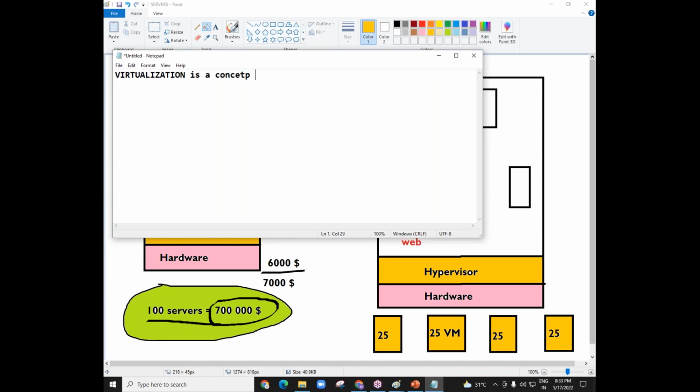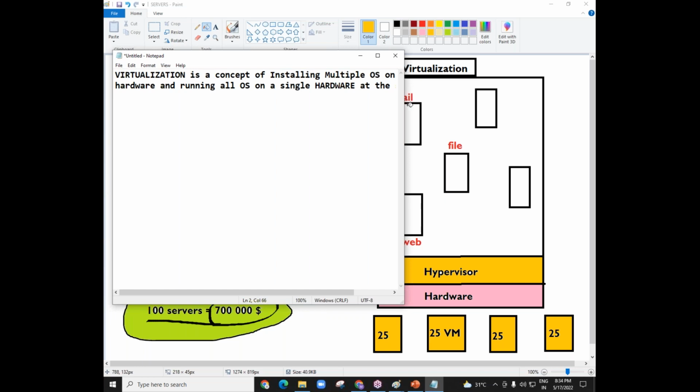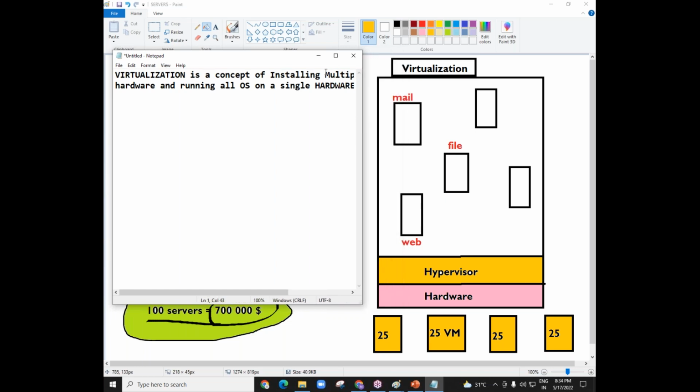Virtualization is a concept of installing multiple operating systems on a single hardware and running all the operating systems on a single hardware at the same time.